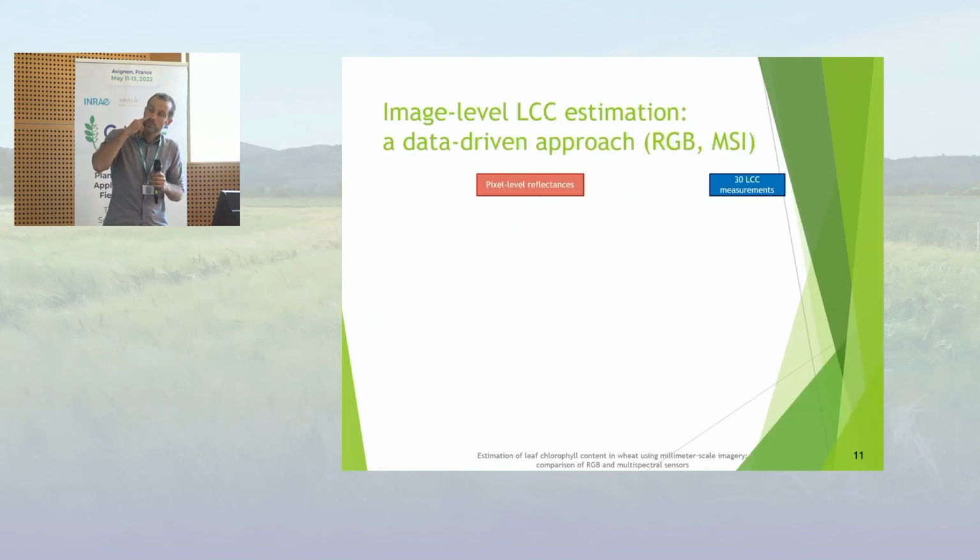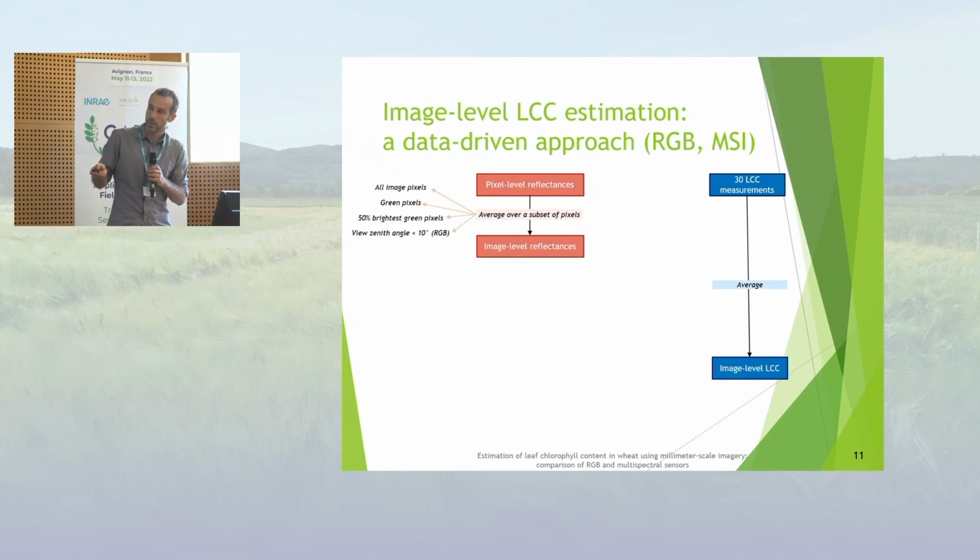So we basically use a data-driven approach for both imagery. We have the images, pixel level reflectances, and we have some measurements for each image. The first thing is to take the average of the measurements to have 1 measurement per image. And regarding the reflectances, we apply several mathematical transformations.